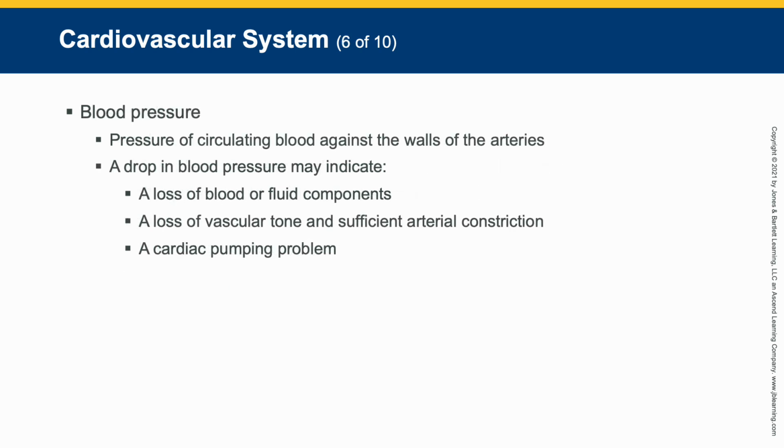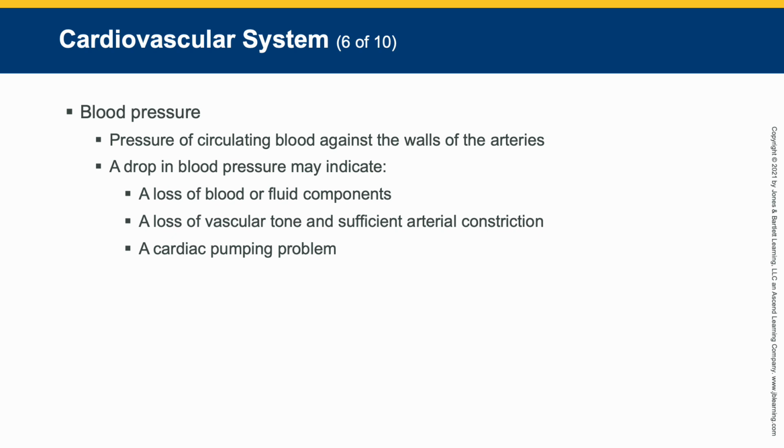Now let's move on to blood pressure. Blood pressure is a vital sign that tells us about the force of circulating blood against the arterial walls. BP is determined by several factors: the strength of the heart's contraction, the volume of blood in the system, and the tone of the blood vessels. A drop in blood pressure may indicate blood or fluid loss, poor cardiac function, or dilation of blood vessels due to sepsis or neurogenic shock.